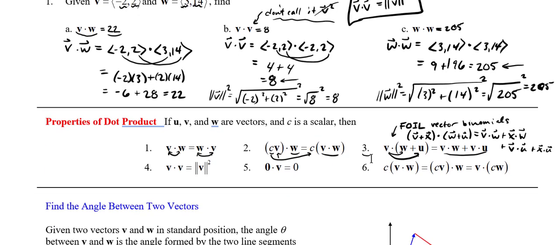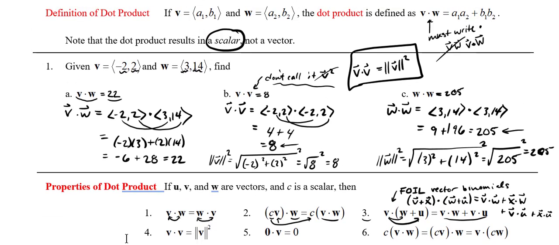It's a nice fact. 4 is exactly what we saw in the previous example, that when you dot a vector V with itself, you actually just get the magnitude squared of that vector. 5 is saying that if you dot V with the 0 vector, any vector V dotted with the 0 vector, just the vector of all 0 components, equals the 0 scalar, which should make sense. All those zeros here are going to hit all those components of V, making everything add to 0.